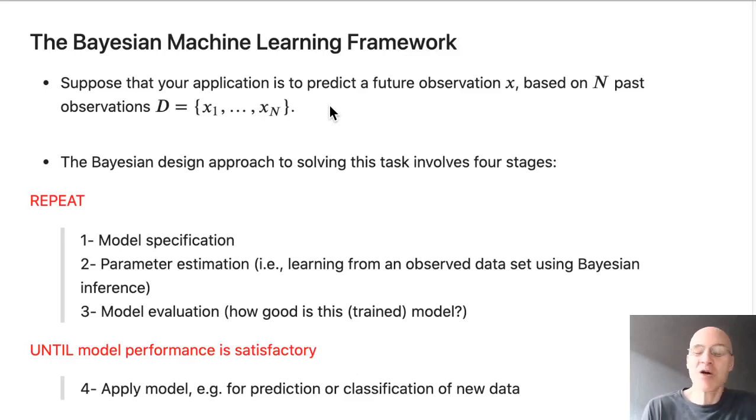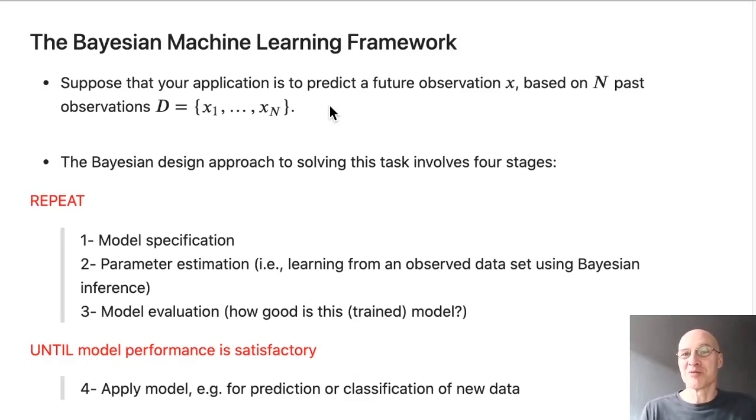Secondly, this model may have parameters, and if so, you want to estimate these parameters from the data. So you have an observed data set, in this case something like heads, tails, tails, heads. You want to use that to update your model, so the model basically absorbs the information from this data set. Third question is, now you have this updated model.